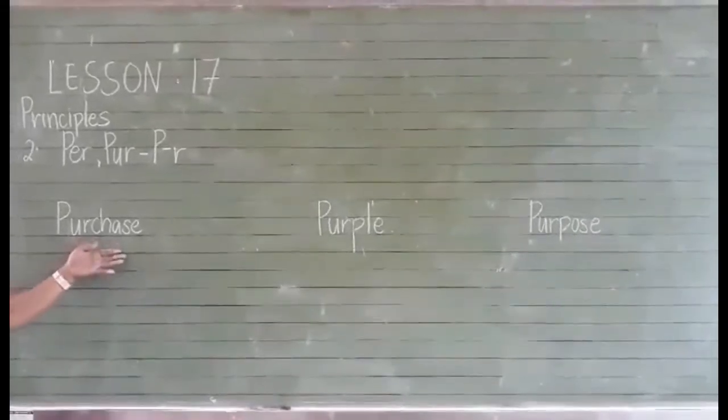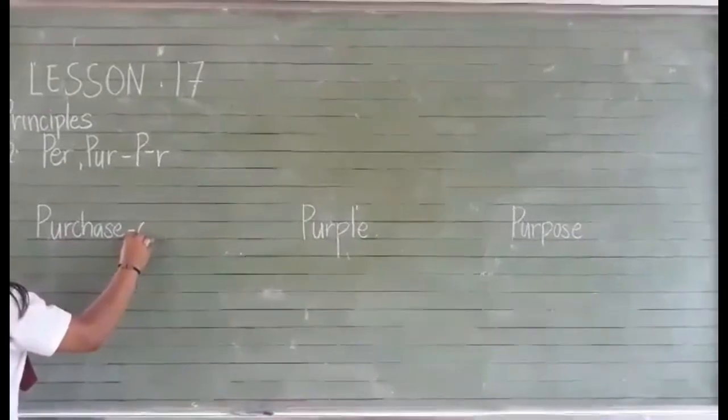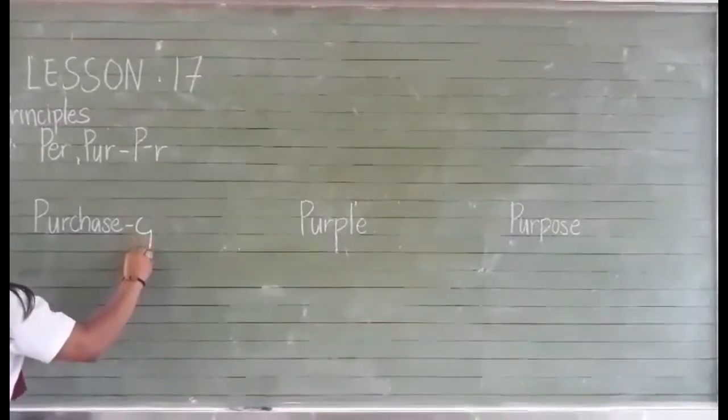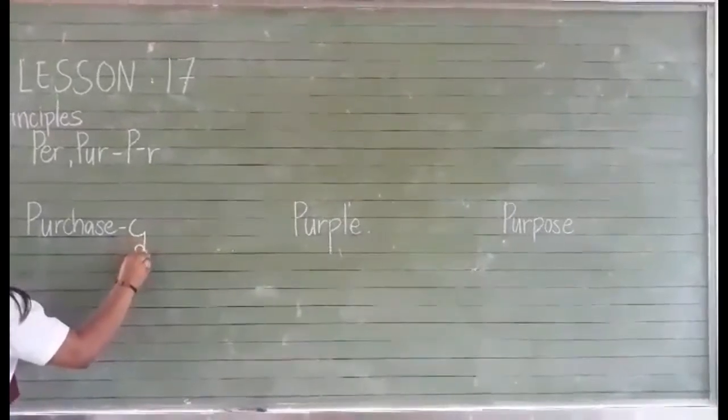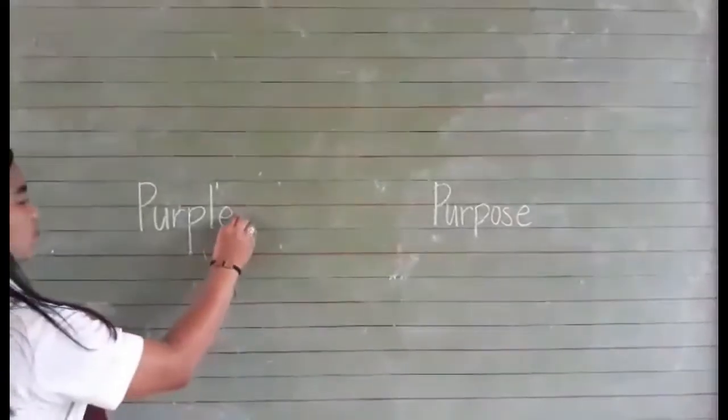So let's proceed to the word beginning pur. For example, purchase is represented by the word beginning pur, J, A, and S. Next is purple.